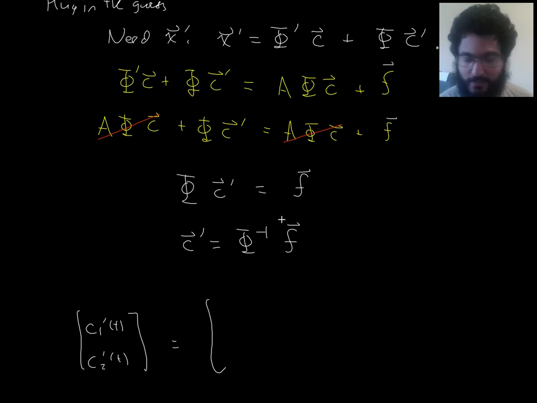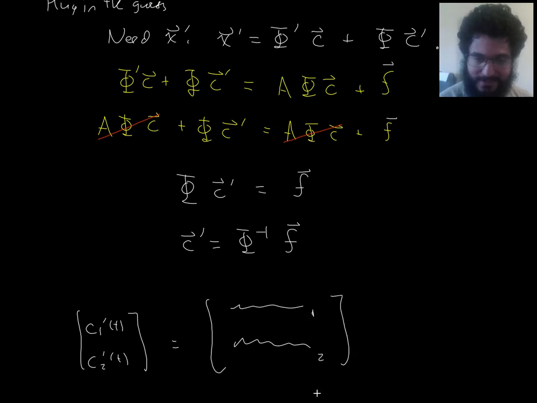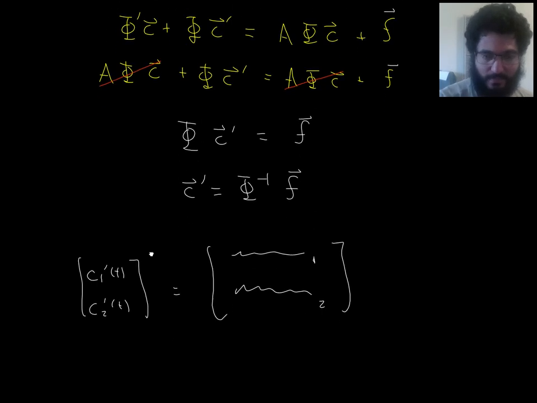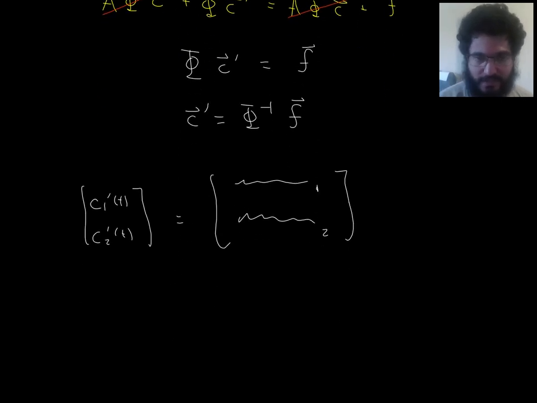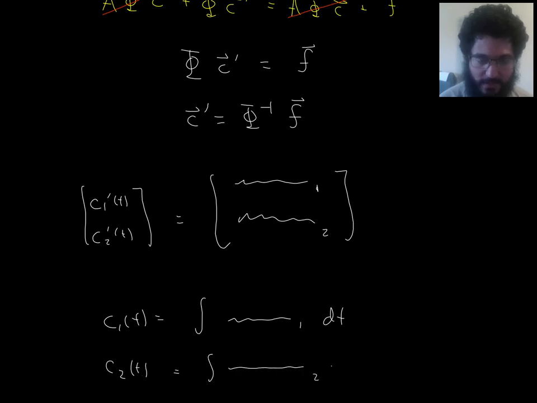Some complicated thing, which is the first entry of this, and some other complicated thing, which is the second entry. So let's call this complicated thing number 1 and complicated thing number 2. Then what's C1 of t and what's C2 of t? C1 of t would be the integral of complicated thing number 1 with respect to t. C2 of t is the integral of complicated thing number 2 with respect to t.